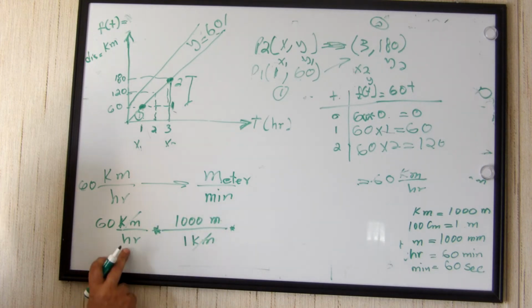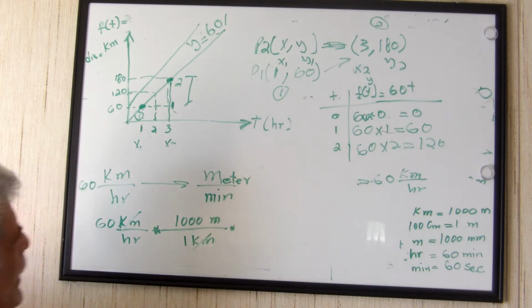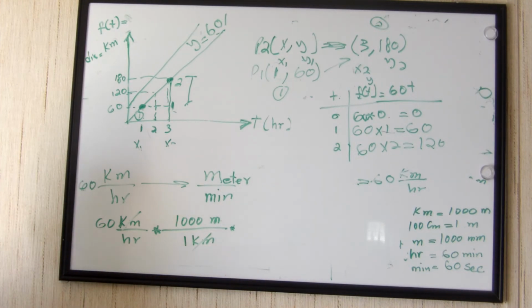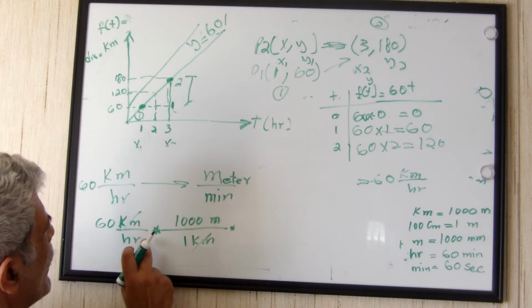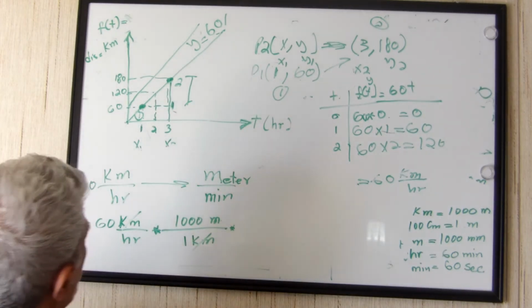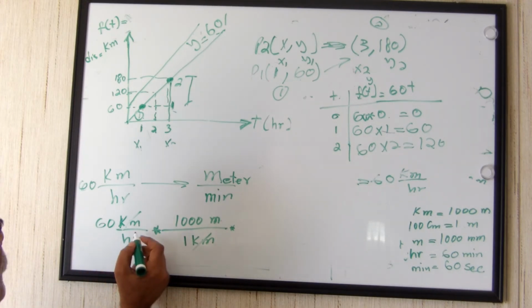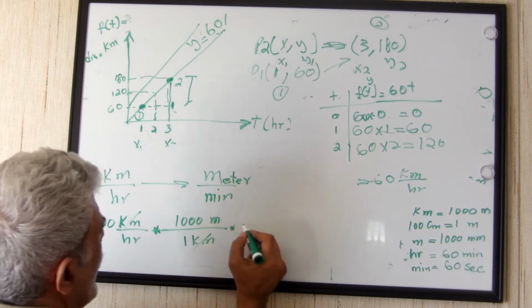Now we are going to change this one to minute. If somebody asks you how many meters, we changed this kilometer per hour to meter per hour. So that's the answer now.